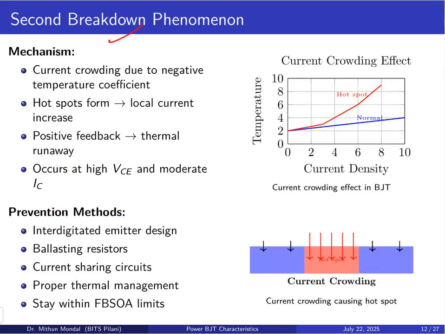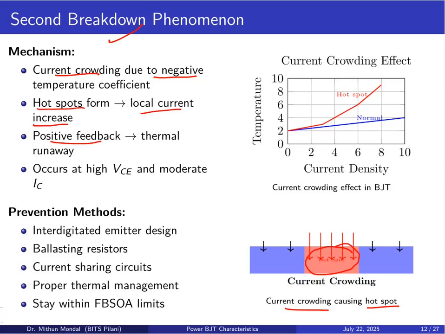There is the second breakdown phenomenon, which is the mechanism where there is current crowding due to the negative temperature coefficient, as shown here. Due to the current crowding, there will be hotspot formation, and this hotspot formation will result in a local current increase.